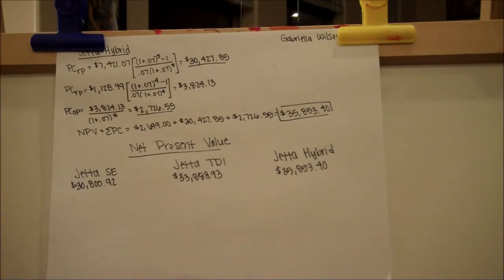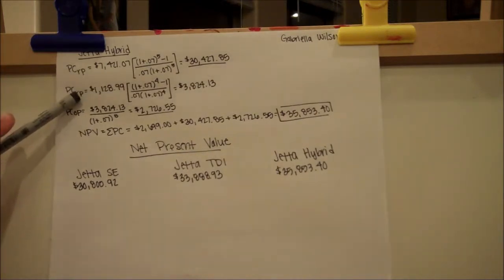Now we will do the Jetta hybrid, which is the same exact way we did the gasoline and the TDI version. First is the present cost of the recurring payment for years 1 through 5, which is $7,421.07 multiplied by (1 + 0.07)^5 minus 1 divided by 0.07 multiplied by (1 + 0.07)^5, and that number equals $30,427.85.